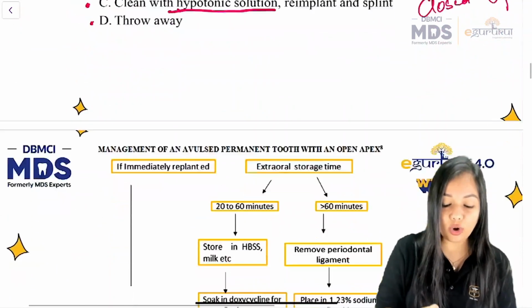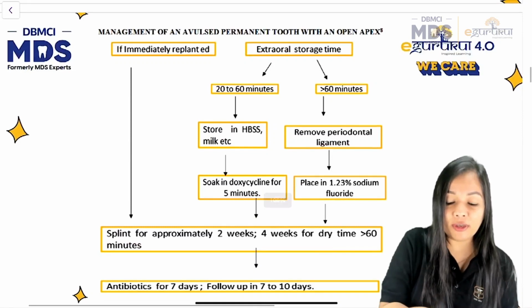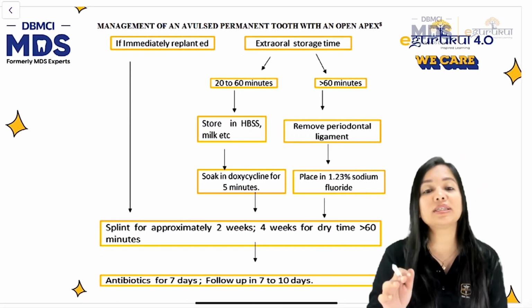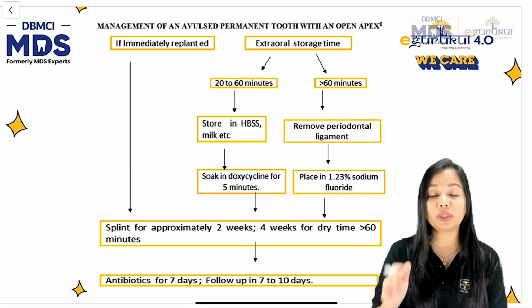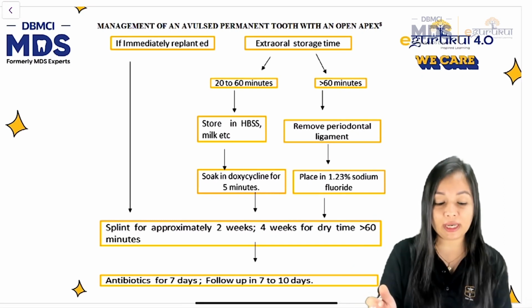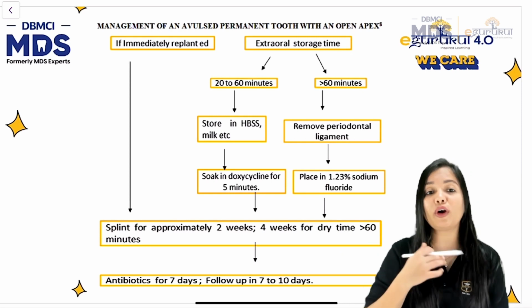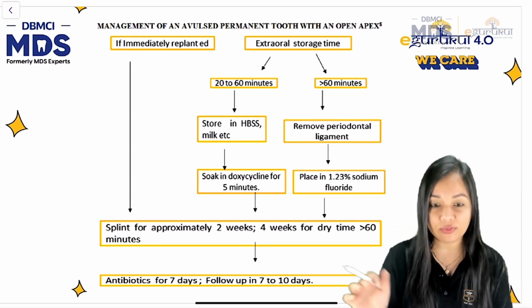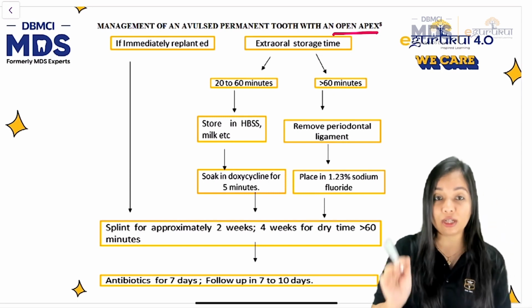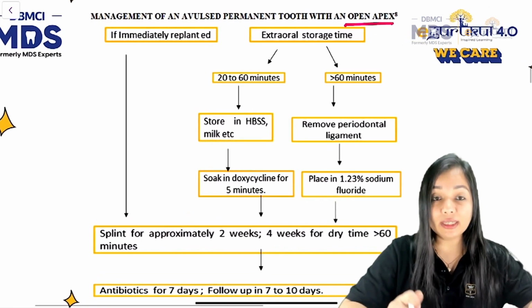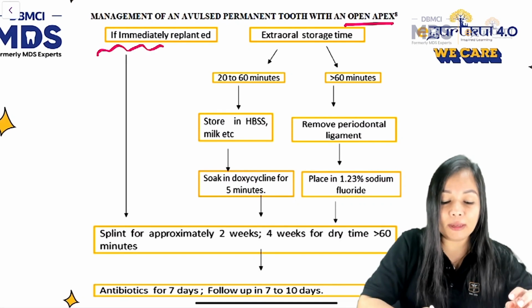Okay, so according to the guidelines, we have two conditions. That means, since it has not been mentioned in the question whether the permanent tooth had an open apex or a closed apex, let us just go through what we do in either of these situations. So if we have an open apex of an avulsed tooth, either the tooth is immediately replanted.